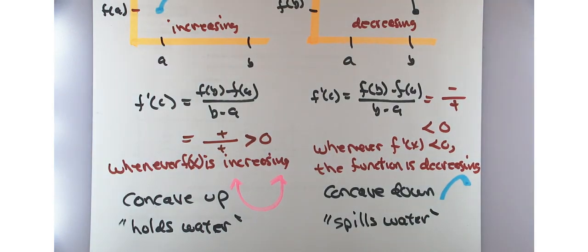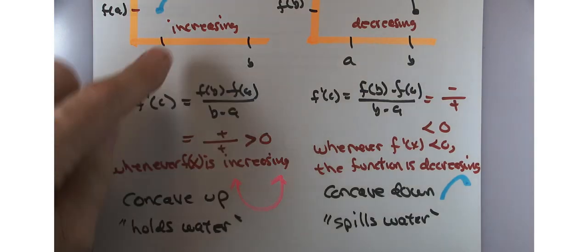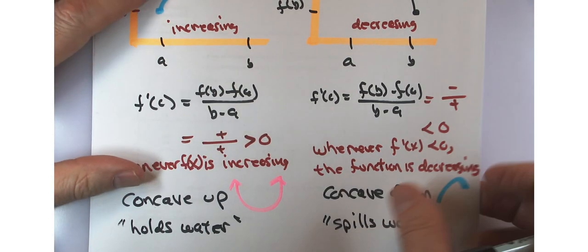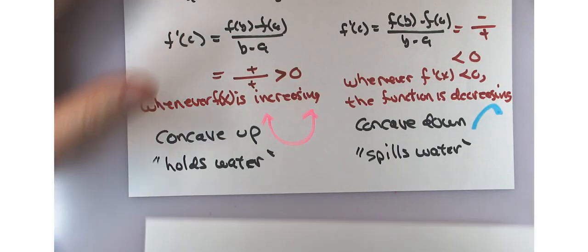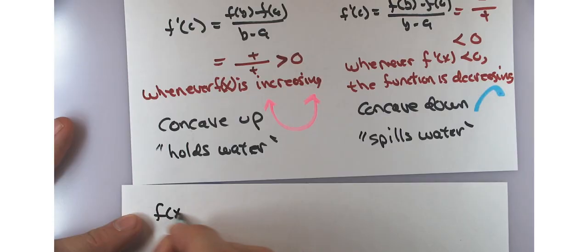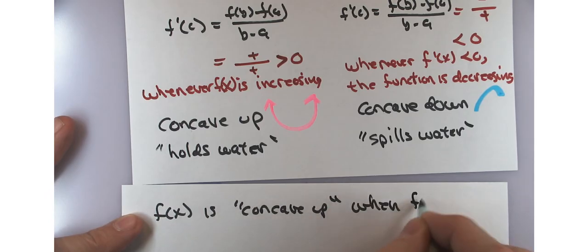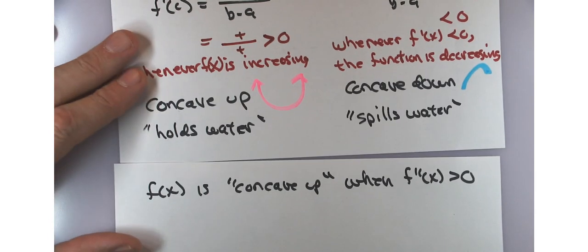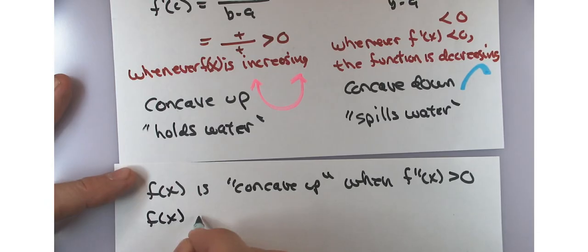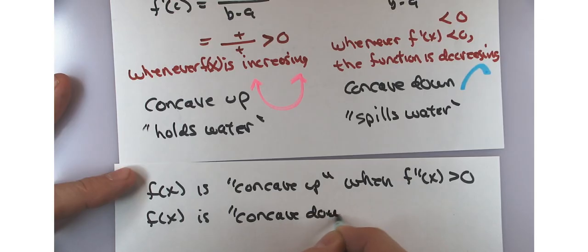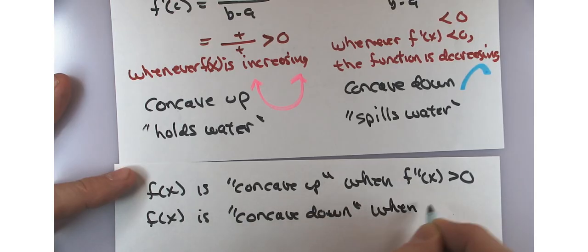Now this is very rough, but it does kind of give you a nice overview of what this looks like. If you were to perform this kind of analysis with some functions, what you'll find is that f of x is concave up when f double prime of x is greater than 0. f of x is concave down when f double prime of x, fill in the blank for me, any guesses?